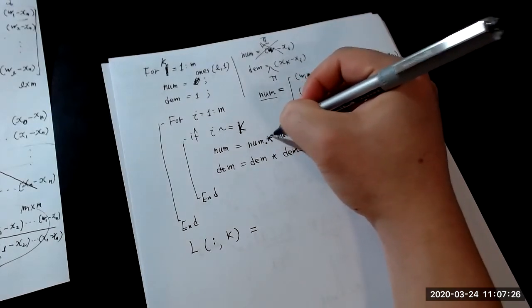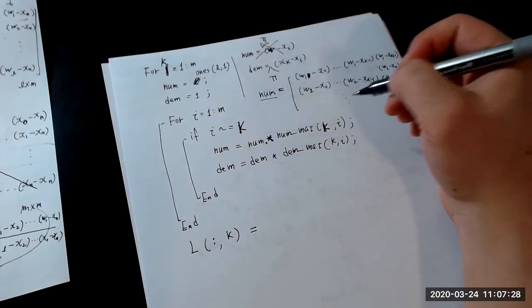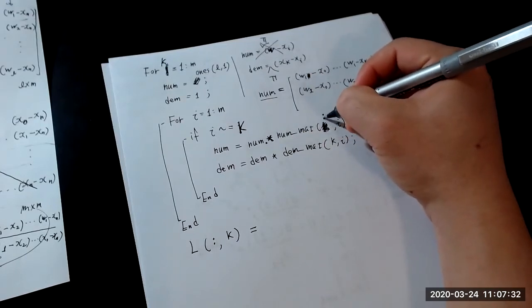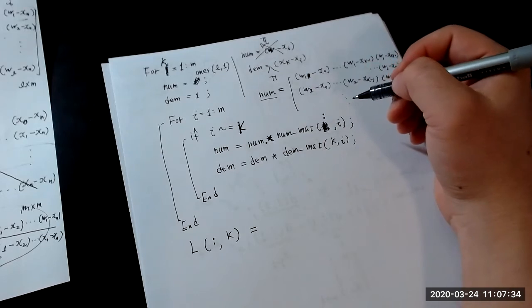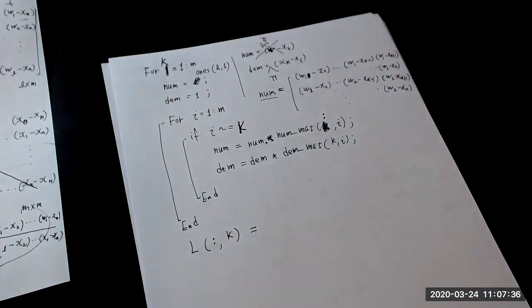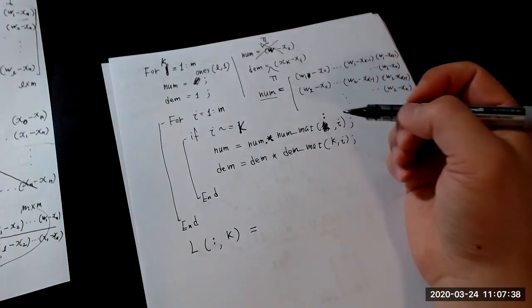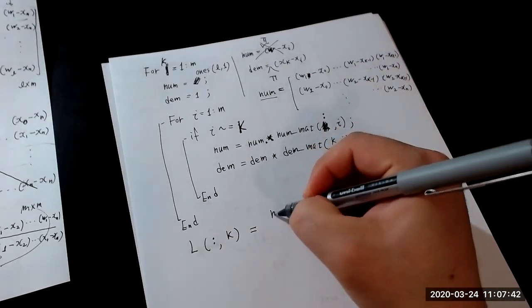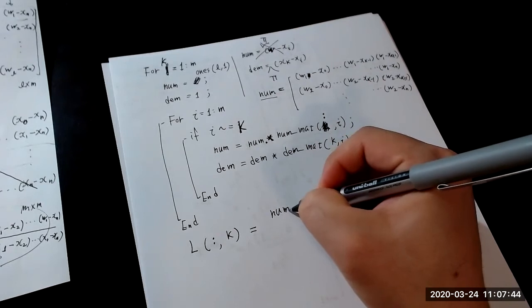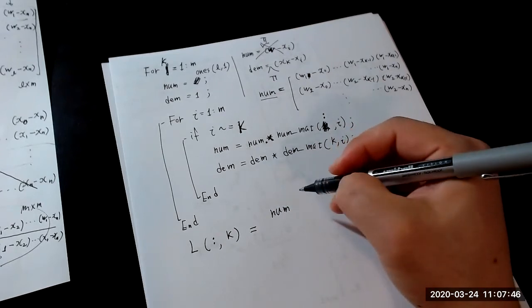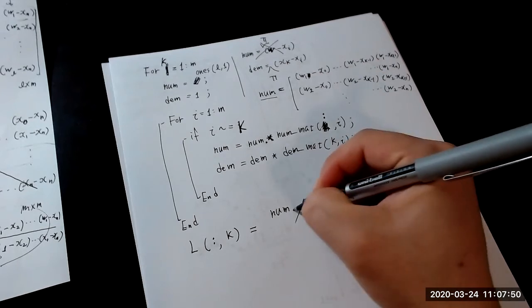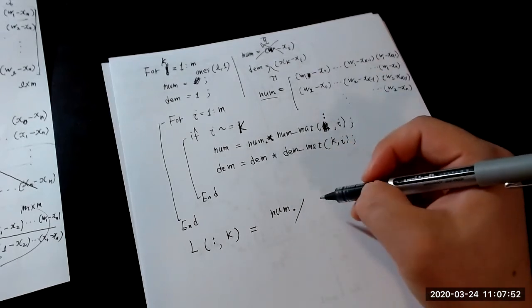Dot, and then NUMMAT, and then all rows in the jth column. Okay. So then L of all rows, k, is going to be NUM, divided by, dot divided by, and then DM.